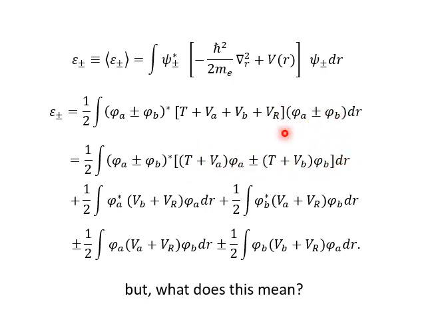But when I just picked out those terms, I left some terms out that we hadn't taken care of yet. I have VB operating on phi A, and VA operating on phi B. These mixed terms were not included.